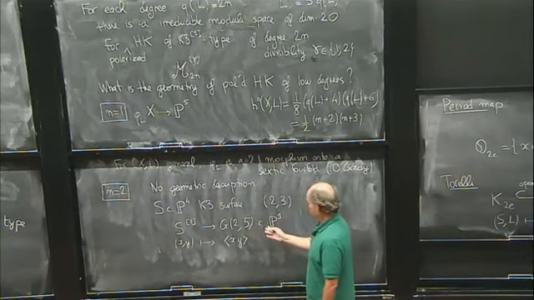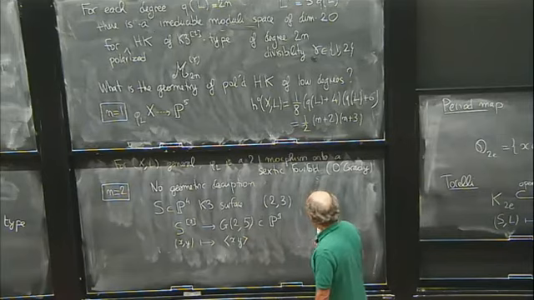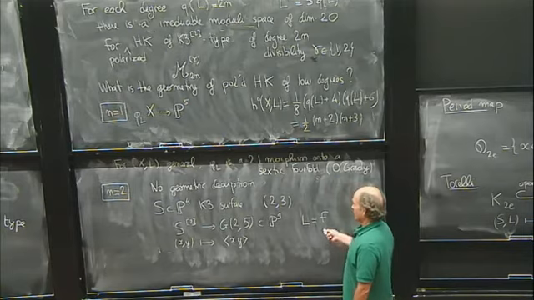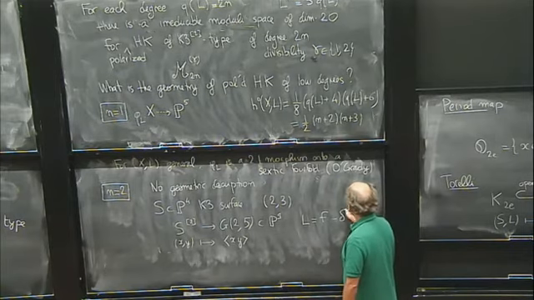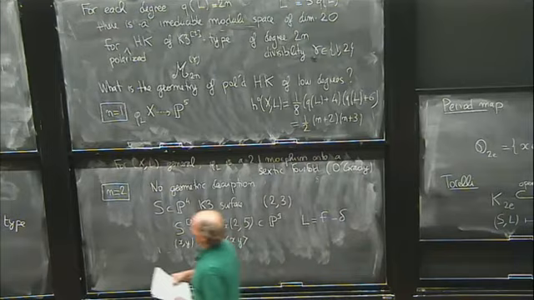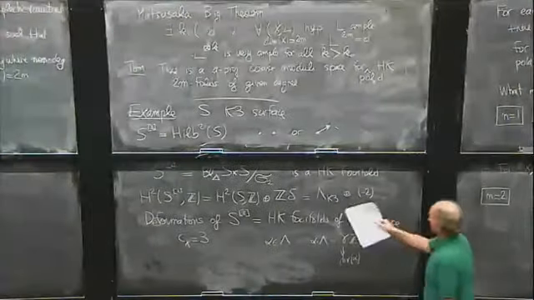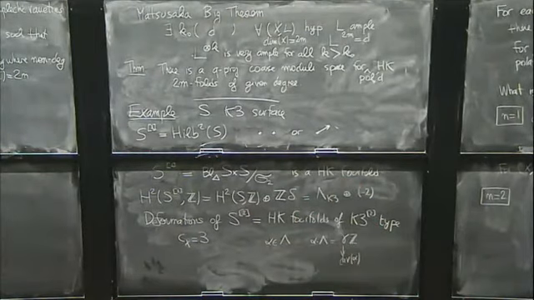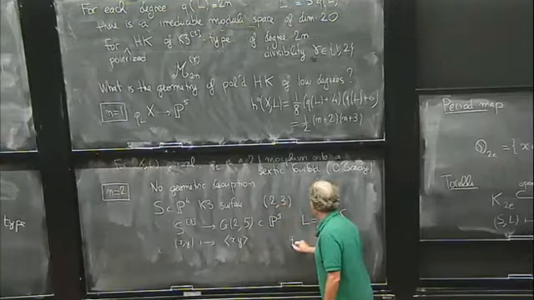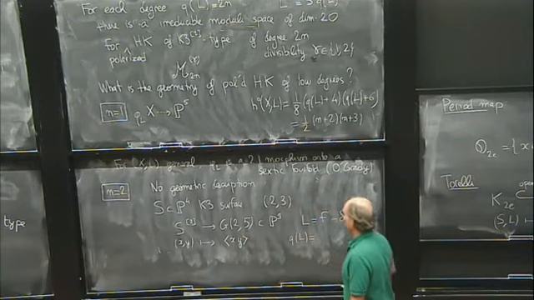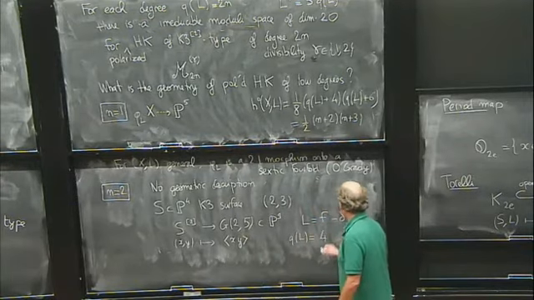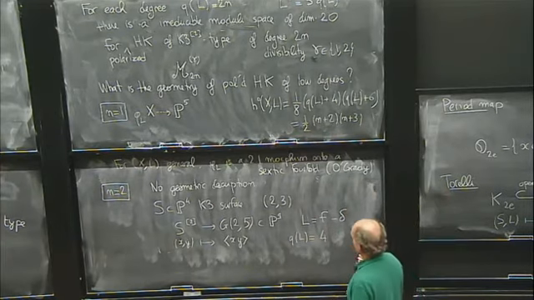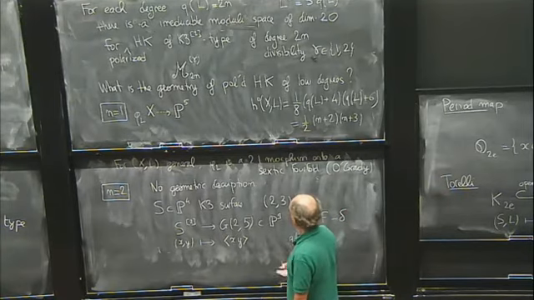Well, you pull back the O(1) here, and the corresponding L is F, that's the polarization on S, minus delta. Okay, so delta is that class here, and L corresponds to this divisor. Okay, and if you compute q(L), this is going to be 4. It's 6 minus 2.